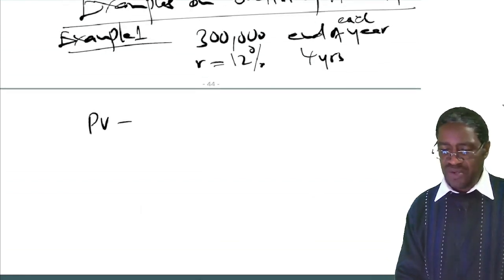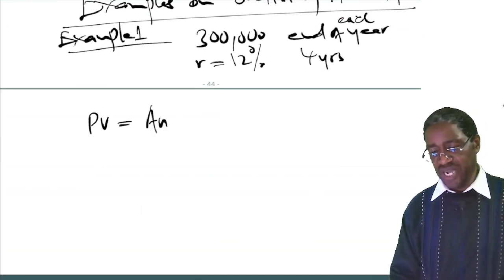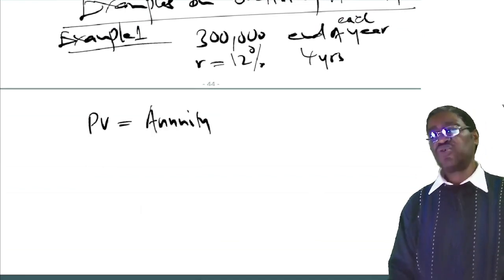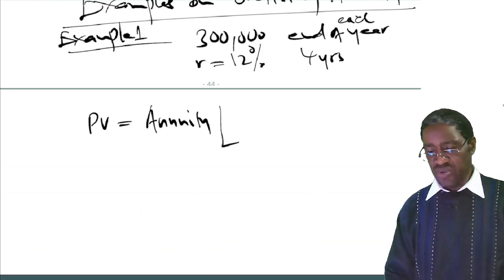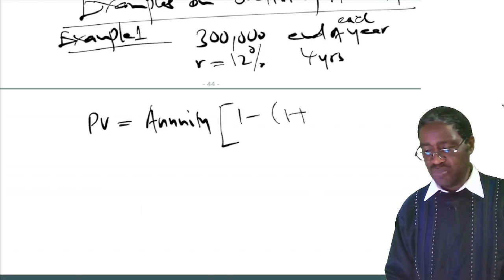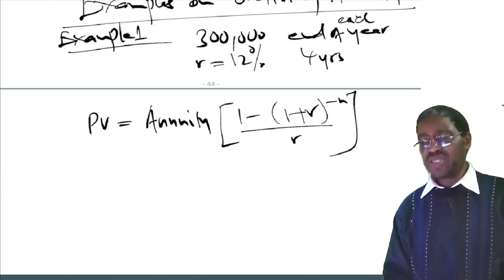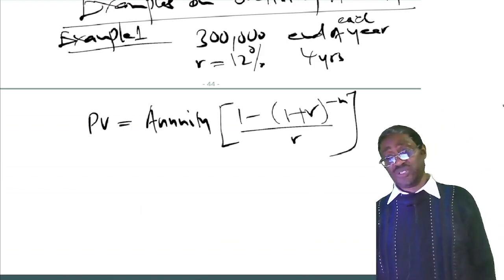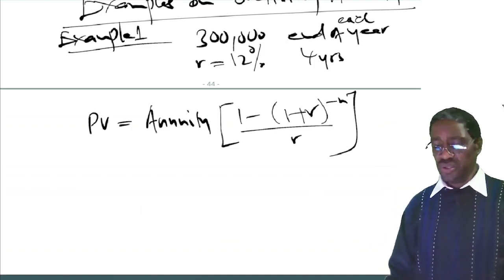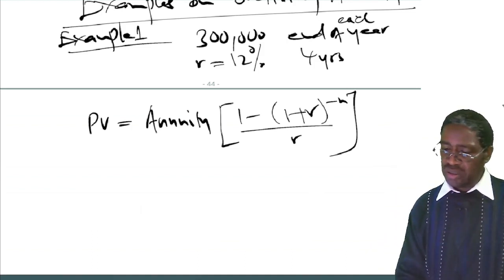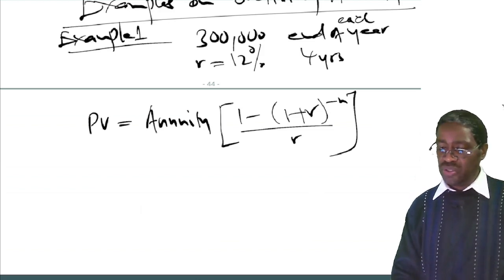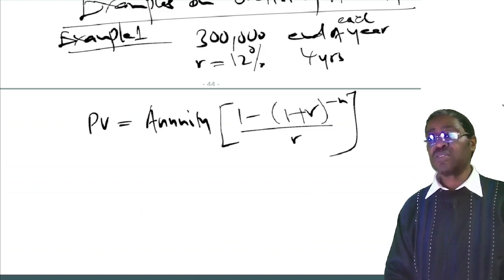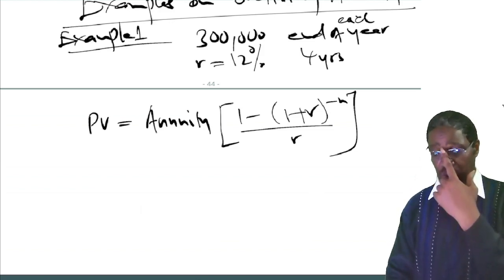We are saying present value is equal to the annuity. You will be receiving 300,000 at the end of each year. So it will be the annuity into 1 minus 1 plus r to the power of negative n, everything divided by r. This is an ordinary annuity. We know our annuity is 300,000, our r is 12%, and our n is 4 years.